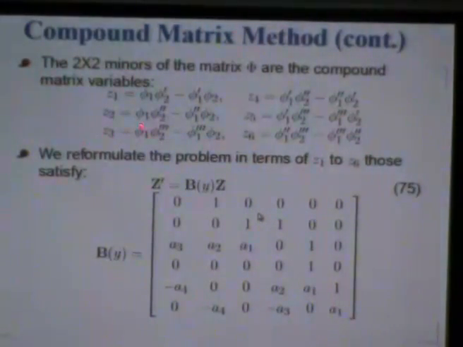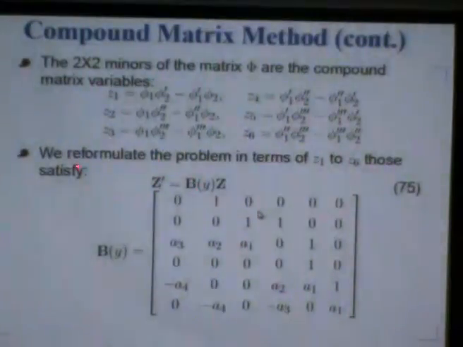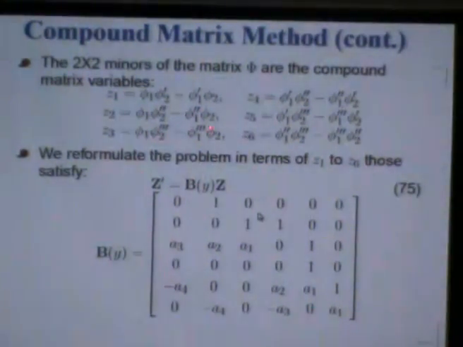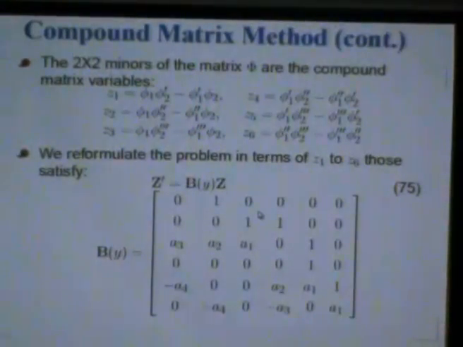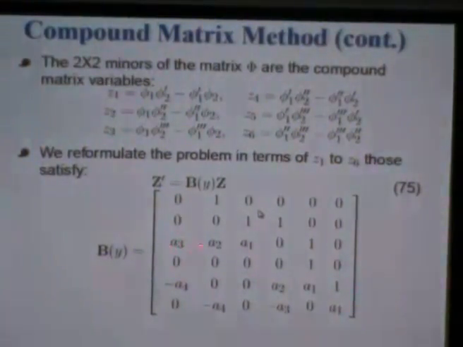So, if I take Z3 prime, of course, you can see that there would be phi 2 fourth derivative and here we will get phi 1 fourth derivative, and since they satisfy your governing equation, you can plug them in and work it out. You would see that you will get Z3 prime equal to A3 Z1 plus A2 Z2 plus A1 Z3. The same way we can work out Z4 prime.